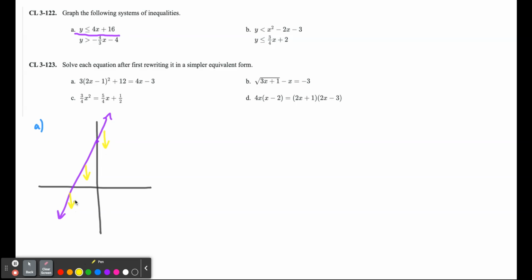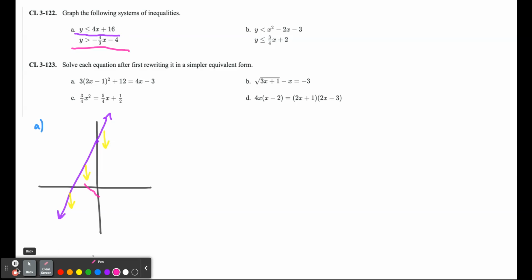So I'll just make arrows for now. And then y is greater than negative 4/3 x minus 4. So that's like a y-intercept of negative 4. And then negative 4/3, right, will be a lot shallower.